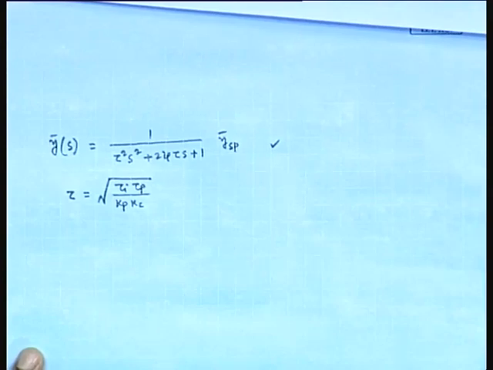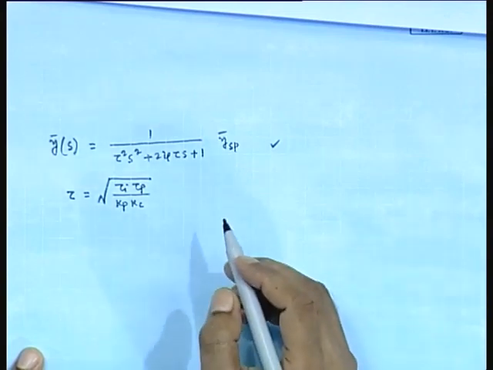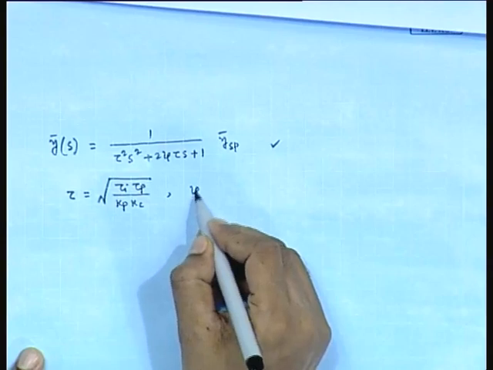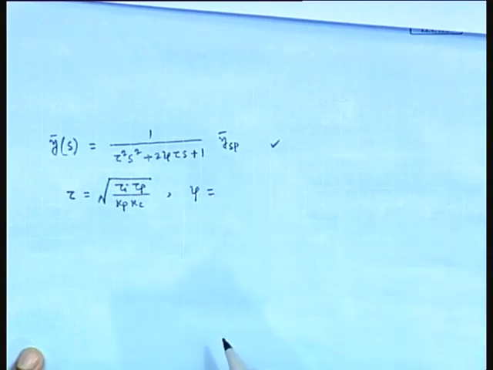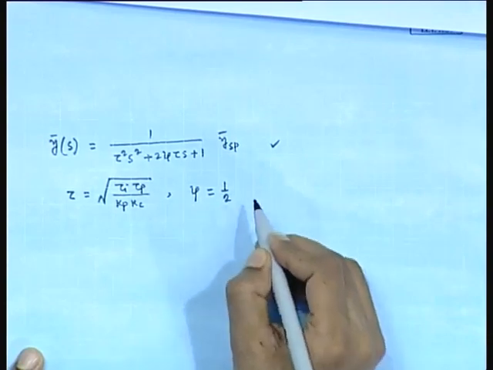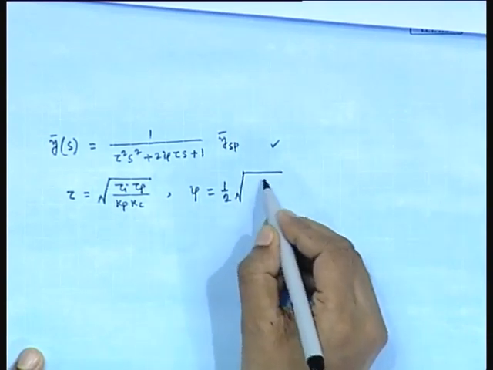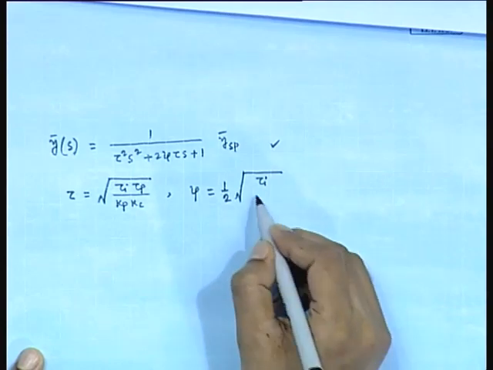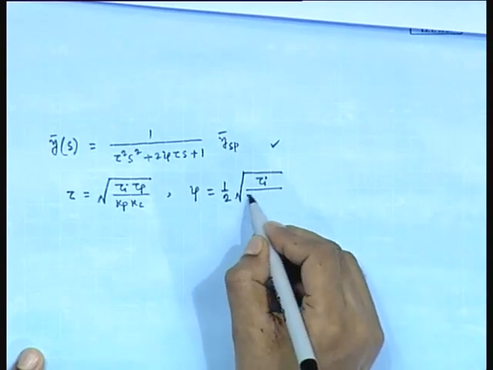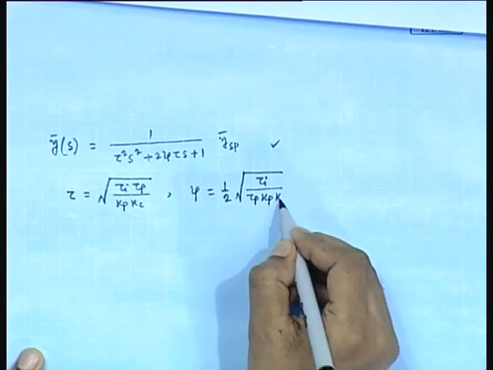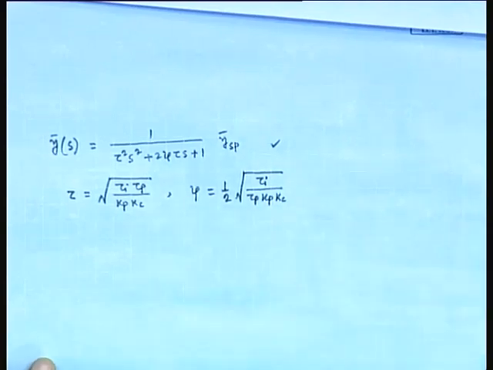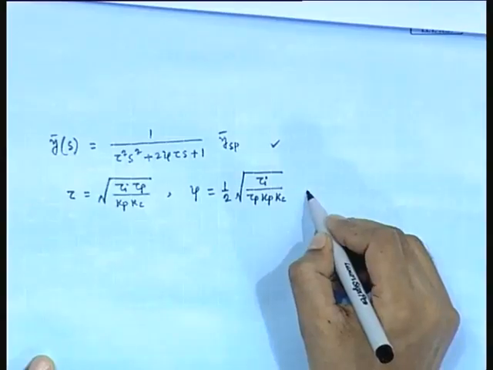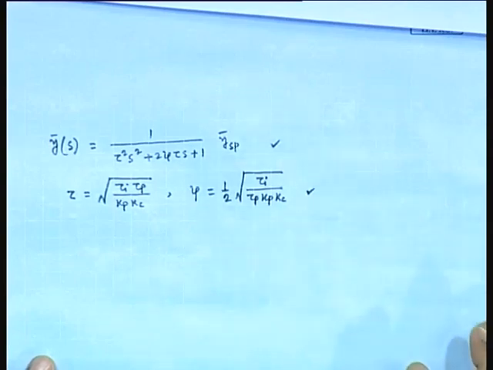Similarly, zeta is equal to half root over of tau I divided by tau P Kp Kc. So, these are the two expressions which have been considered in the development of the closed loop transfer function.